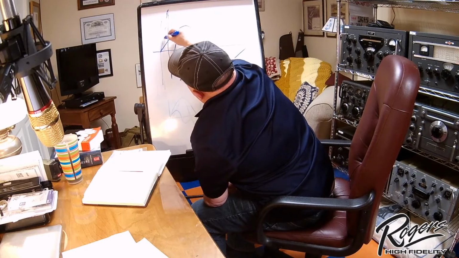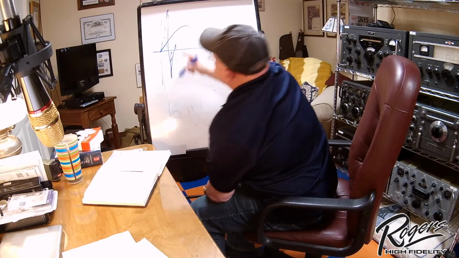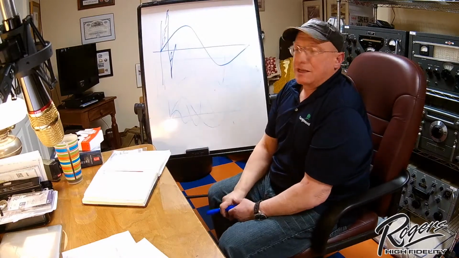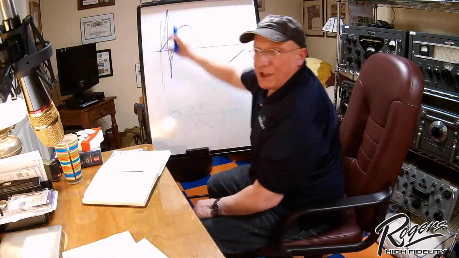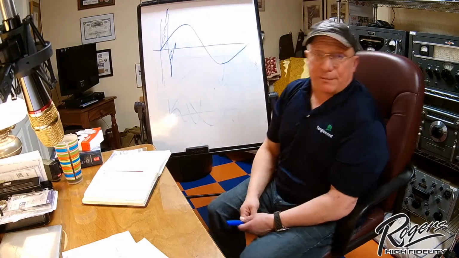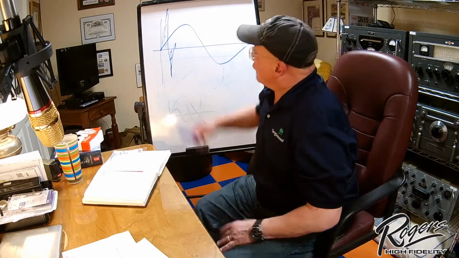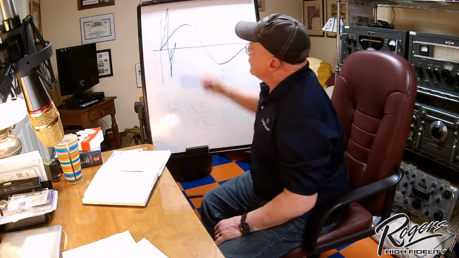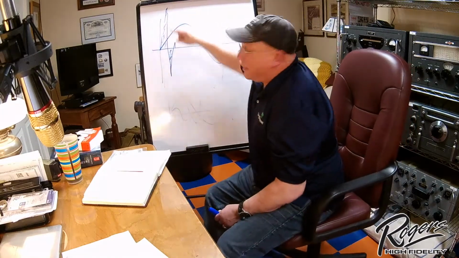I'll color the area under that curve. We call that a transient. In order to reproduce that transient, some digital sampling rates may fall short of that. But an analog amplifier will reproduce those transients as long as it has sufficient power to develop the full peak that the transient demands of the amplifier.